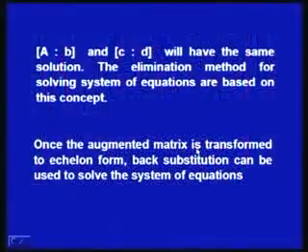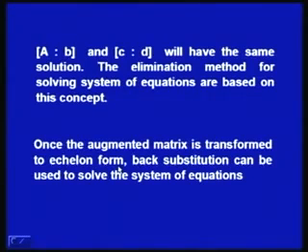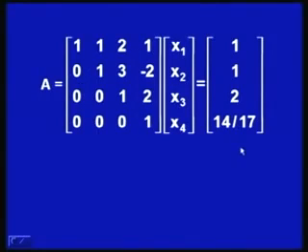What we do is we consider the augmented matrix and transform it into echelon form. Once it is transformed into echelon form, then we use back substitution and get the solution of the equation. Like in this case, we have been given a system of equations, this matrix is converted into this form, and from here we can apply back substitution in echelon form.